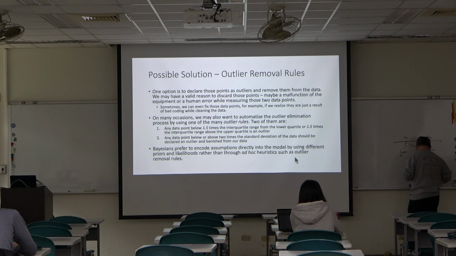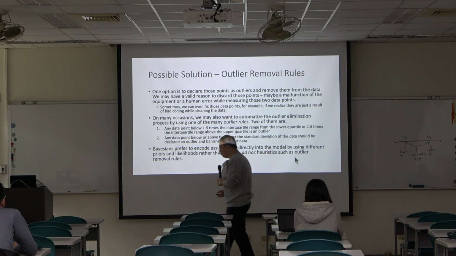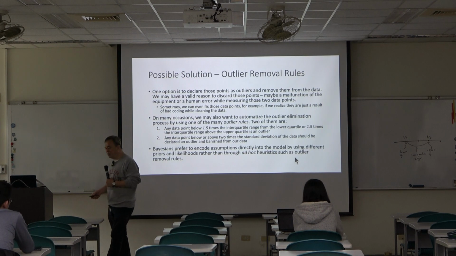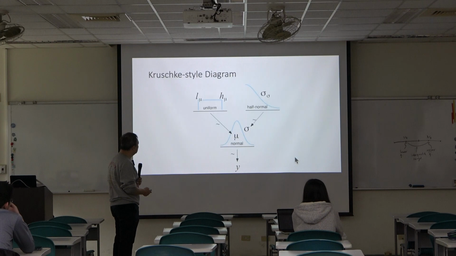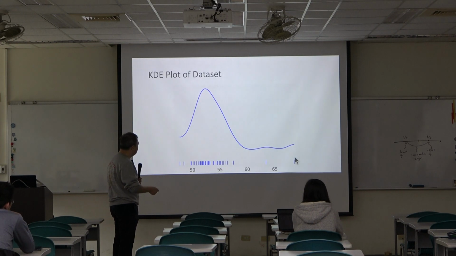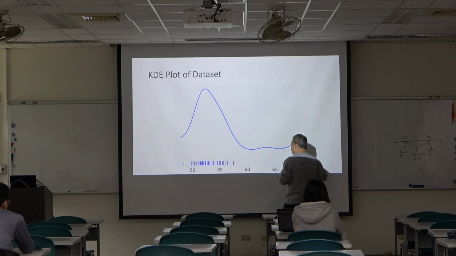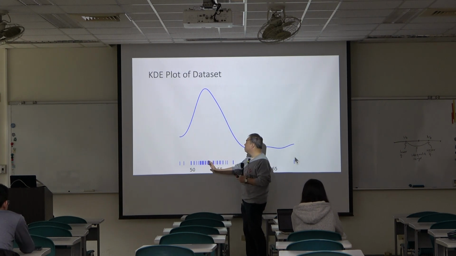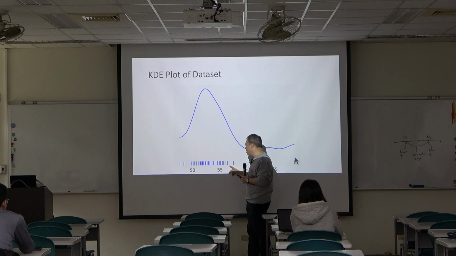So obviously, if you apply one of these two rules, you may be able to get rid of these two outliers, because it looks to us like the mu should be somewhere here, and the standard deviation should not be too far away from it.